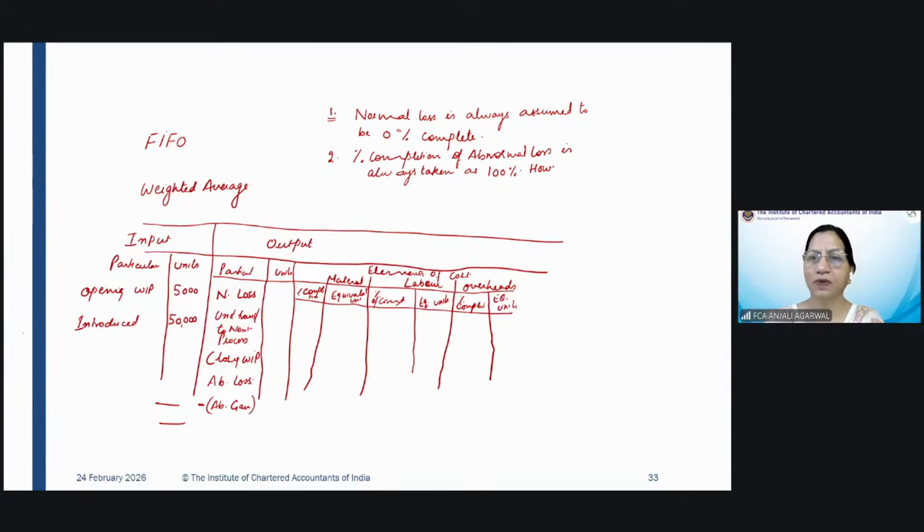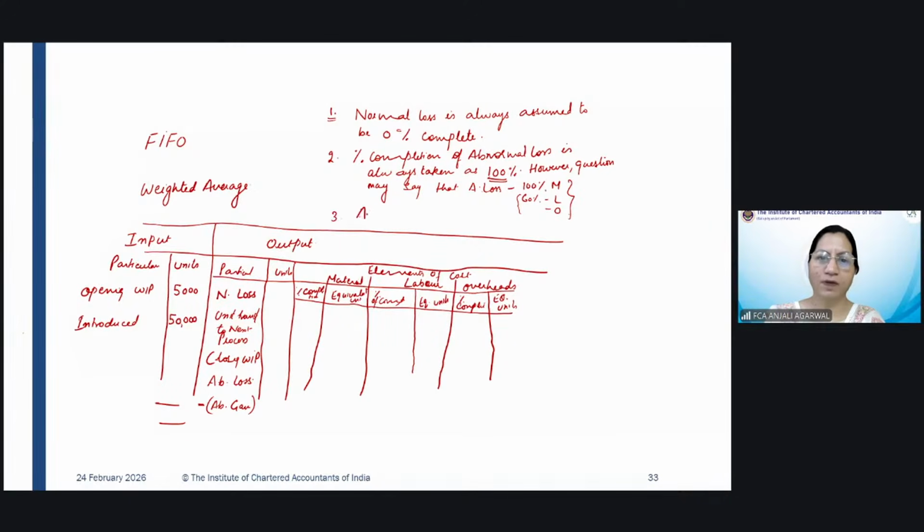However, the question may specifically tell that abnormal loss is 100% complete as far as material is concerned, 60% complete as far as labor is concerned, or any other percentage. So the percentage for abnormal loss may be given. If it is given, use this. If it is not given, then 100% assumption.